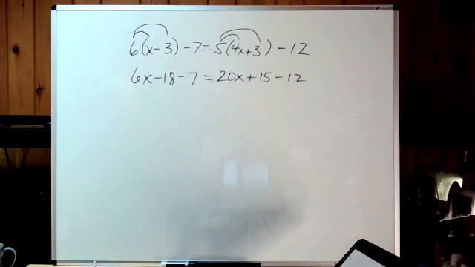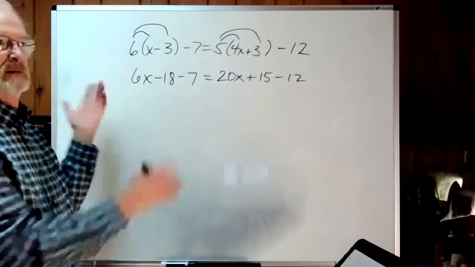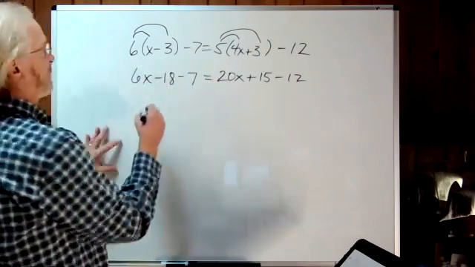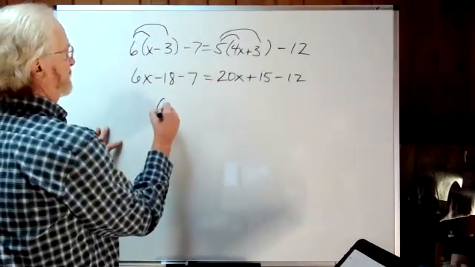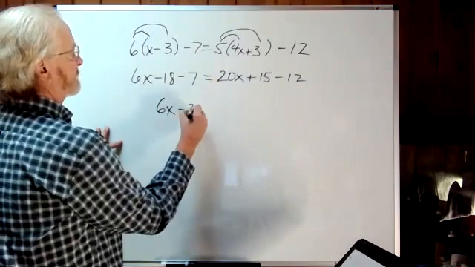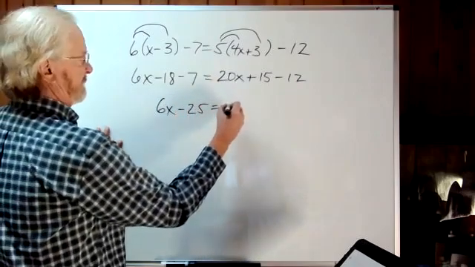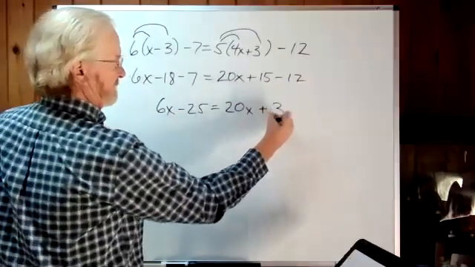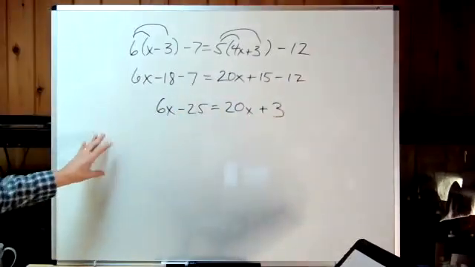All right, simplify by combining like terms separately on both sides. Let's combine those variable constants. All right, Steve, slow down. Minus 25. 20x plus 3.